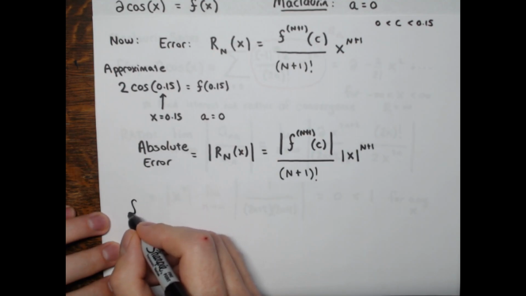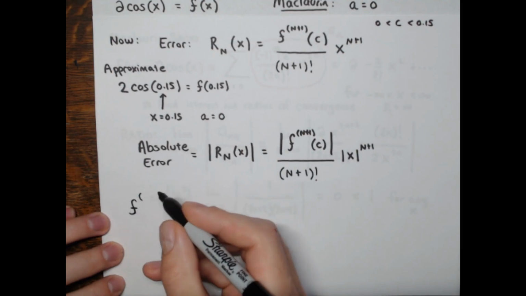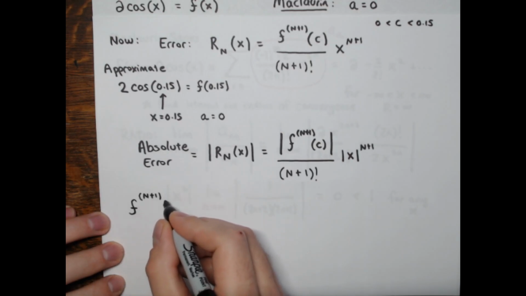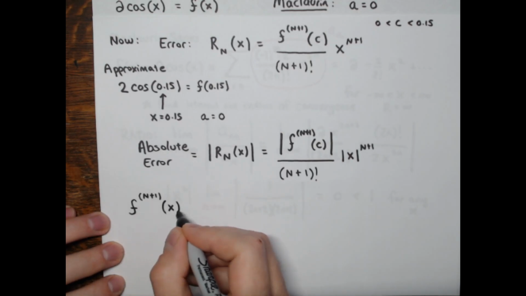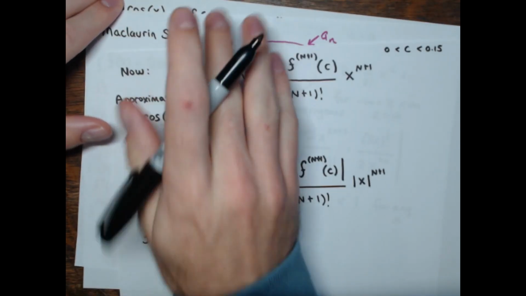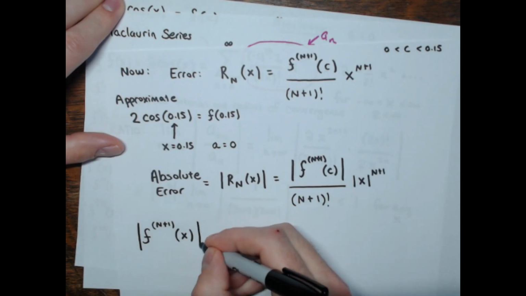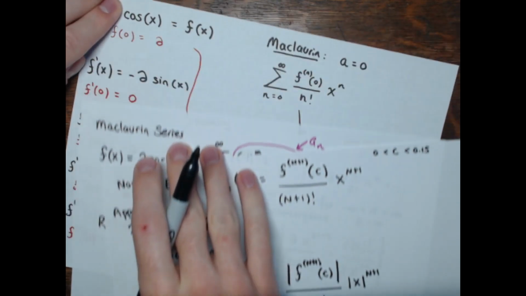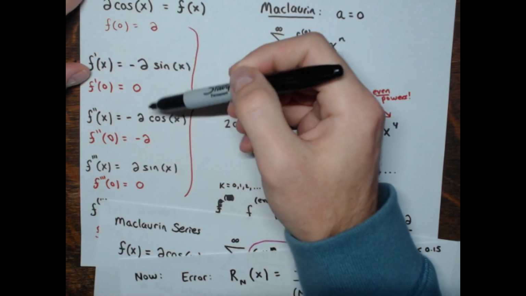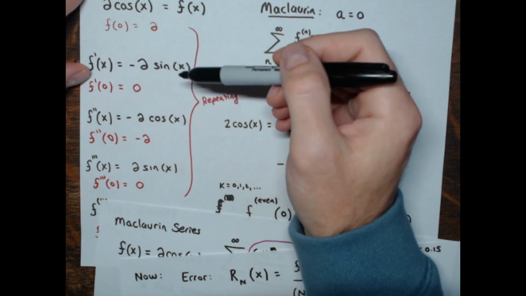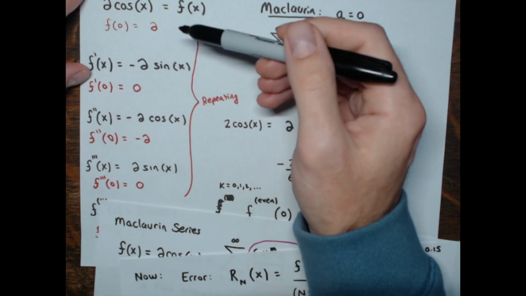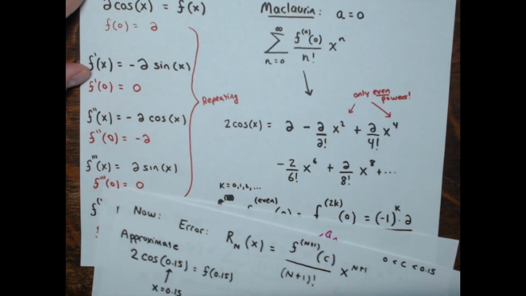So when I look at all the derivatives, like the n plus first derivative of this function, and then look at the absolute value. If I did the absolute value of every single one of these, it would be 2 cosine x, 2 sine x, 2 cosine x, absolute value of sine x, absolute value of cosine x, whatever.